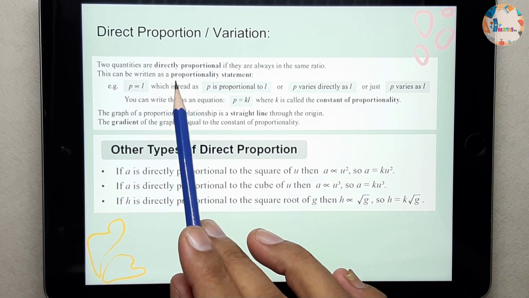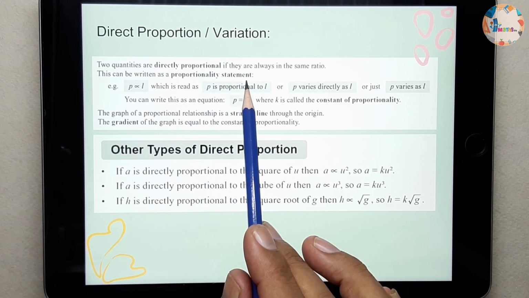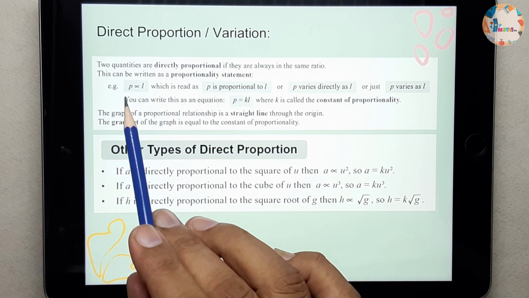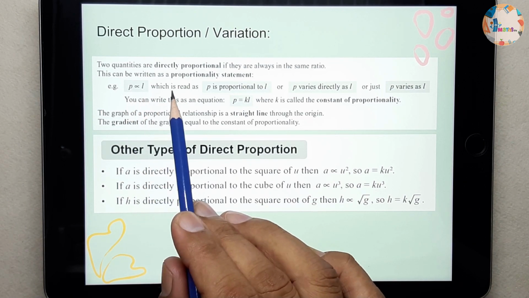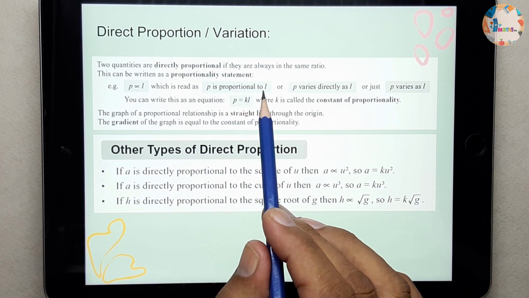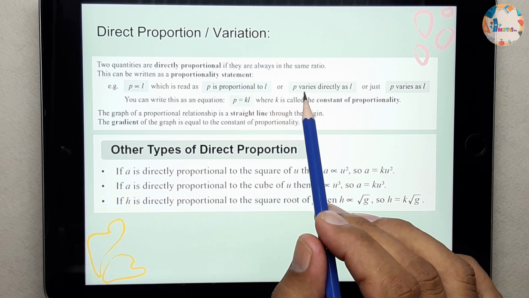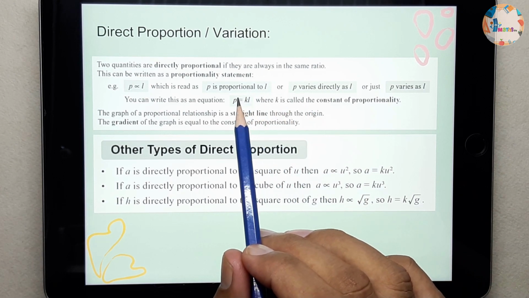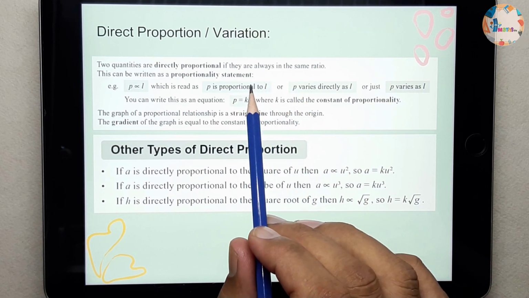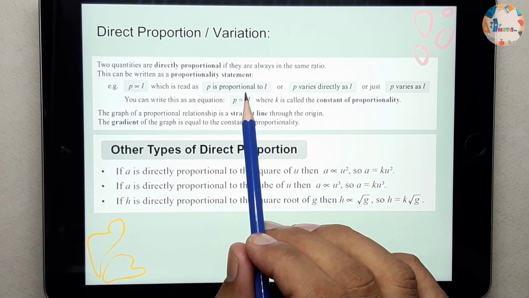This can be written as a proportionality statement, for example, P is proportional to L. We can read it as P is proportional to L. There are different words they use in questions, and you should understand from these words that this is a direct variation question.